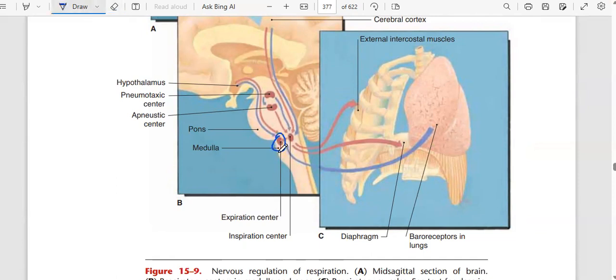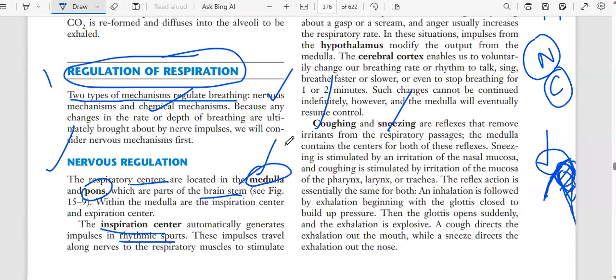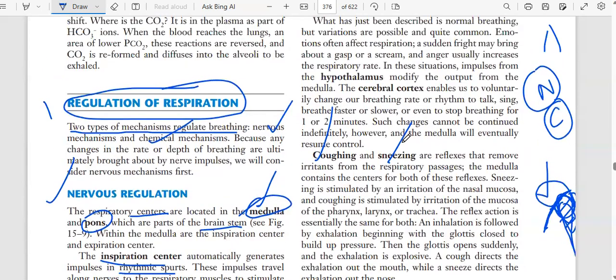It will activate, and the impulse will activate both the intercostal muscles and abdominal muscles. When we are running, how do we breathe? Shallow breathing. The muscles of the abdomen and the intercostal muscles will activate. The medulla oblongata expiratory center will activate. So it will happen.